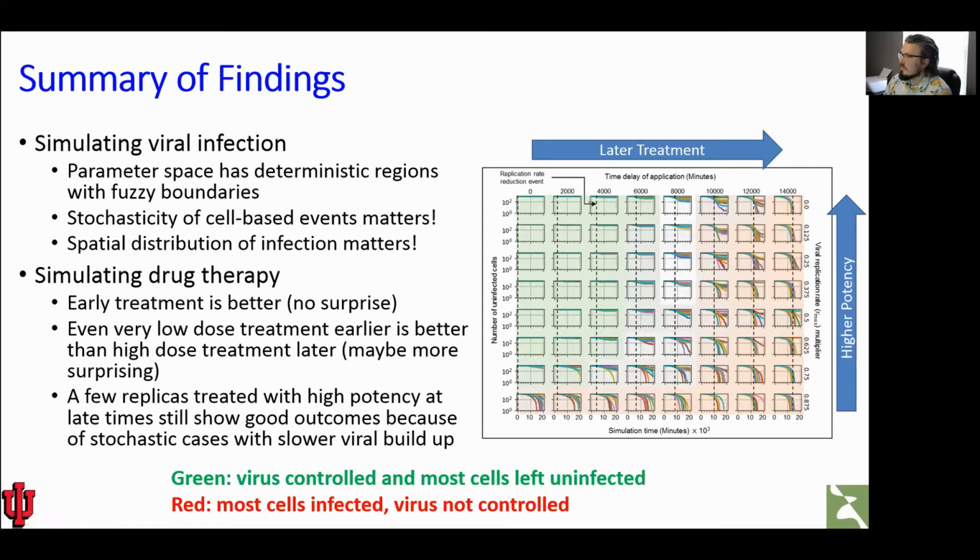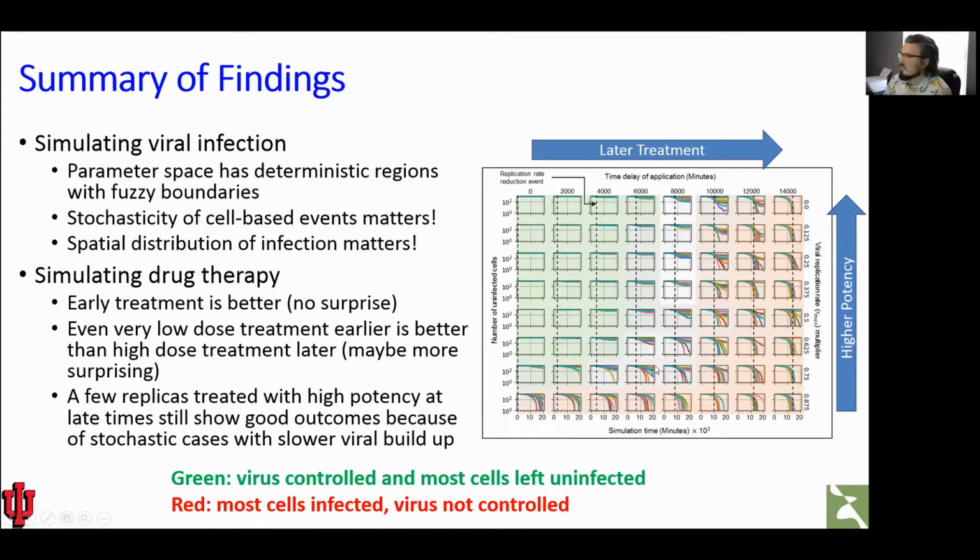And then for the clinicians who might be joining us today in actual medical applications, an interesting thing that we found in these simulations was that even for, say, weaker therapies with lower potency, early therapy was still effective.